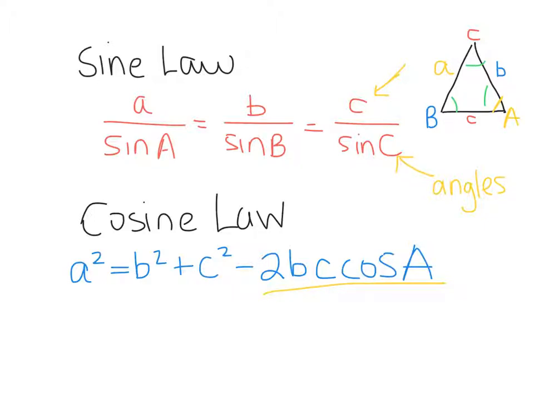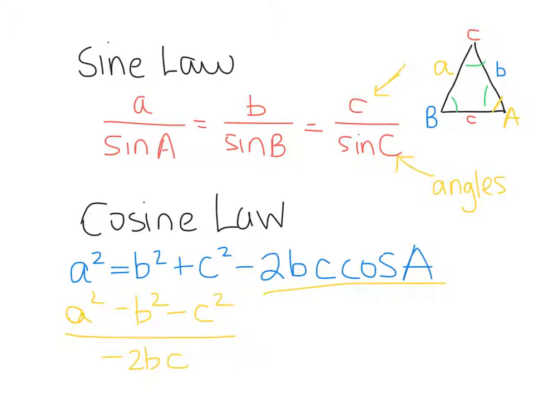We can move the b squared and the c squared to the other side, so it becomes, sorry, my pens aren't really working too good. It becomes a squared minus b squared minus c squared, divided by, and then we divide the whole thing by negative 2bc.